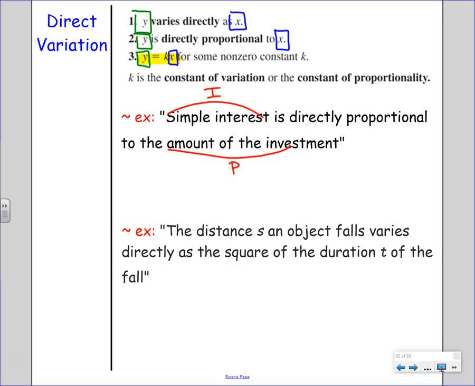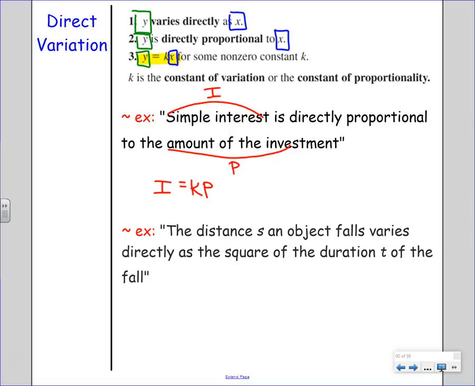I equals KP. So technically in homework, you can almost say interest colon I equals KP. It's the interest problem, and what did the wording say? Interest is directly proportional to the principal. You got all the information in this one little model. Does that make sense? Yes. It's pretty nice if we can get all of that into this.